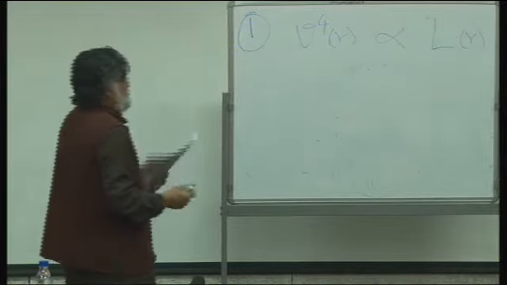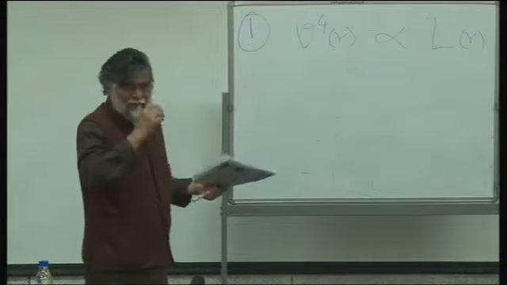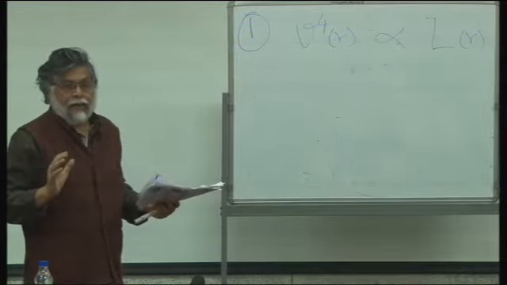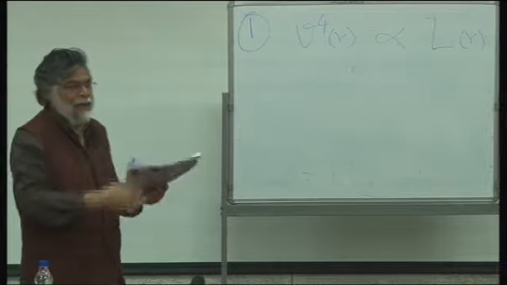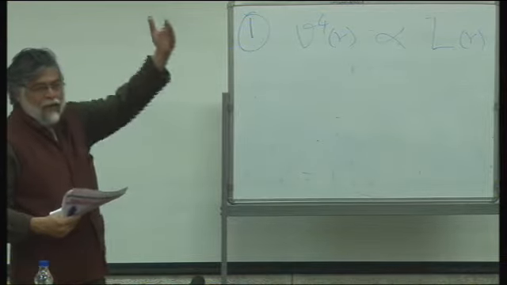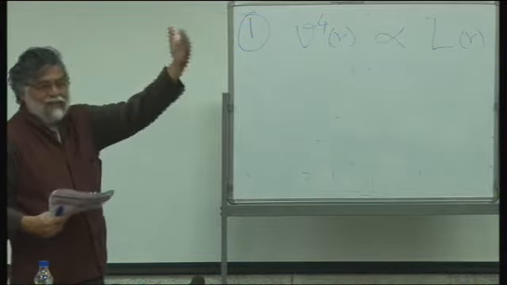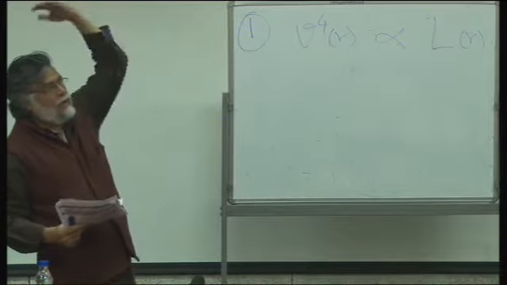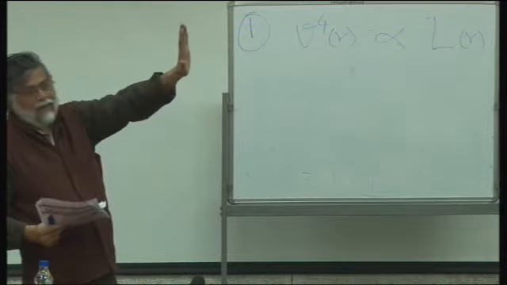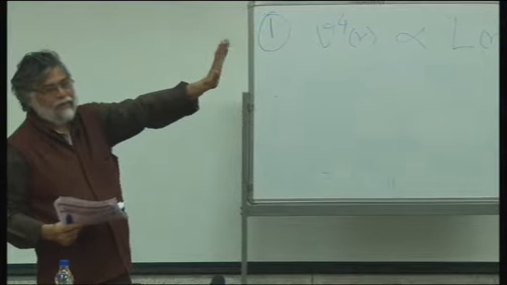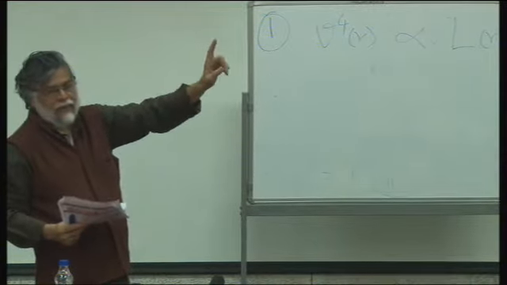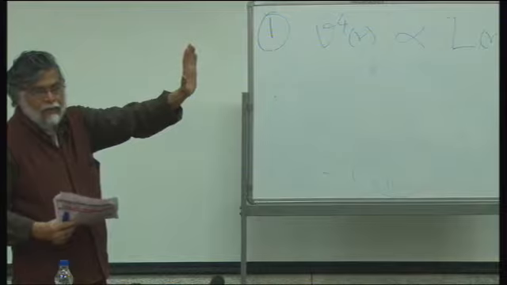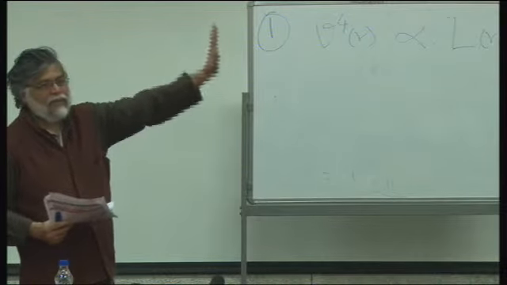So the basic assumption you have to make is that the surface brightness, namely the intensity of radiation from the surface of a galaxy, is constant. What an astronomer sees when looking at a galaxy is it projected on the two-dimensional sky, and the surface brightness, which is the amount of energy coming in per unit area of that disk per unit time, is roughly constant over the entire galaxy.